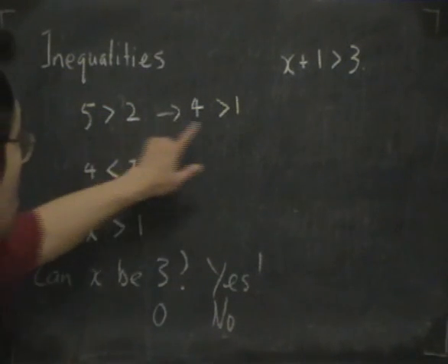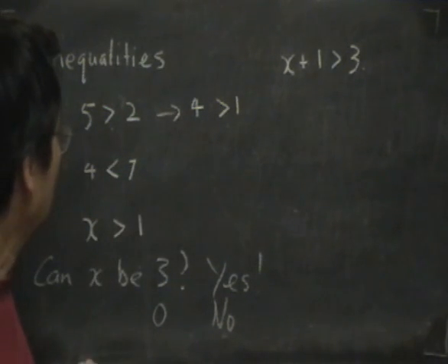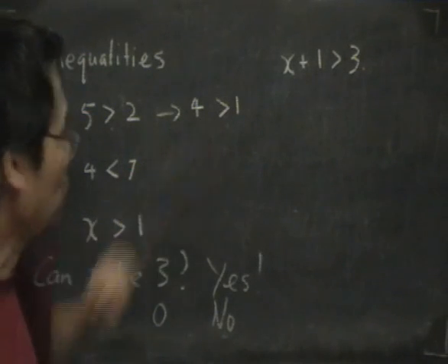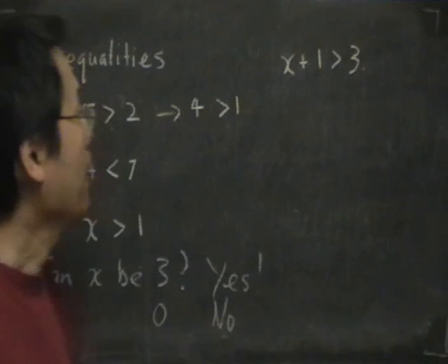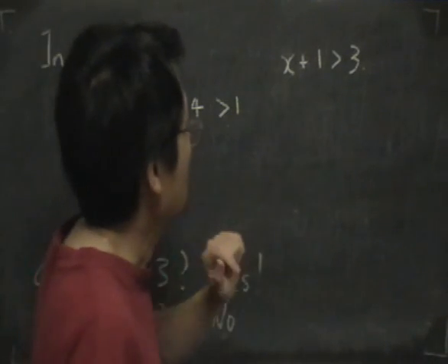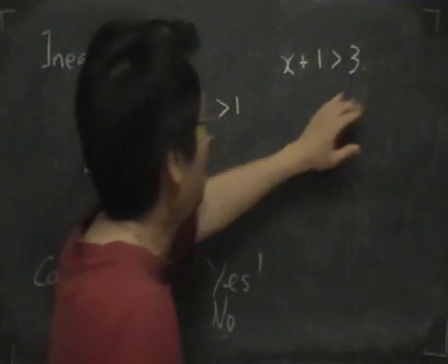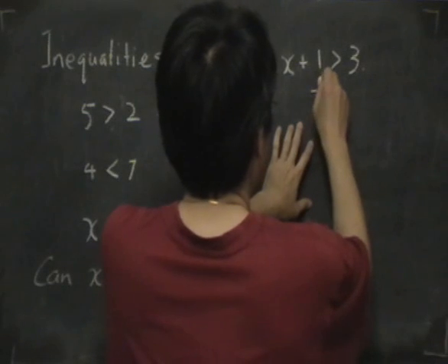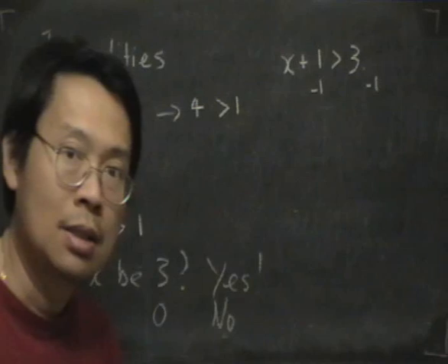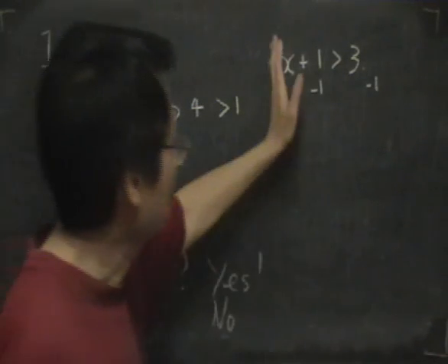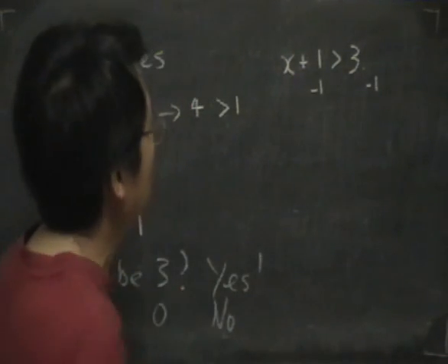So from what we have done here, it looks like it is okay, and in fact it is. Let's do it to this. Now let me subtract the 1 from the two sides. If I take away 1 from there and there, then the left side must still be greater than the right side.